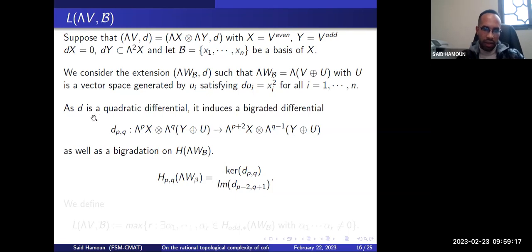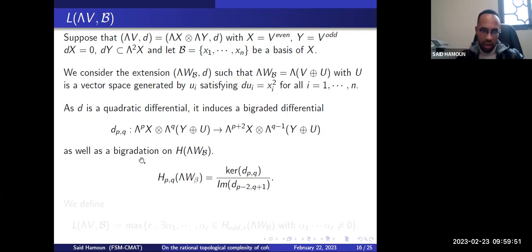And here, as the differential d is quadratic, it splits into bigraded operators d p q of this form, and because it is quadratic, it increases the length of the even part by 2, and it decreases the length of the odd part by 1.